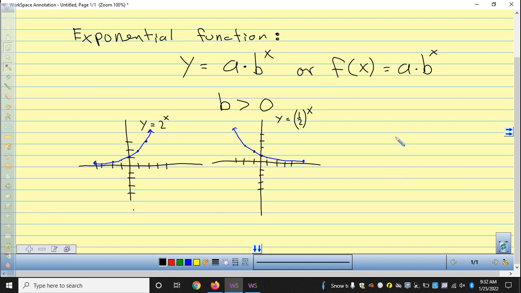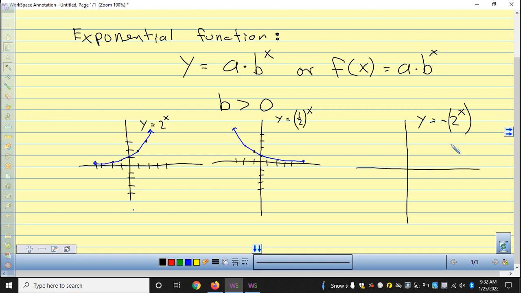Now I want to sketch one more graph. If you see something like this, y equals negative 2 to the x, this does not mean negative 2 raised to the power. This means negative, and then 2 to the x raised to the power.